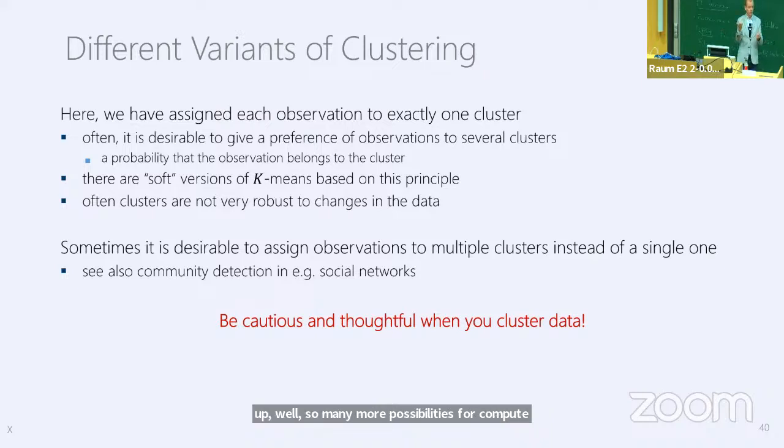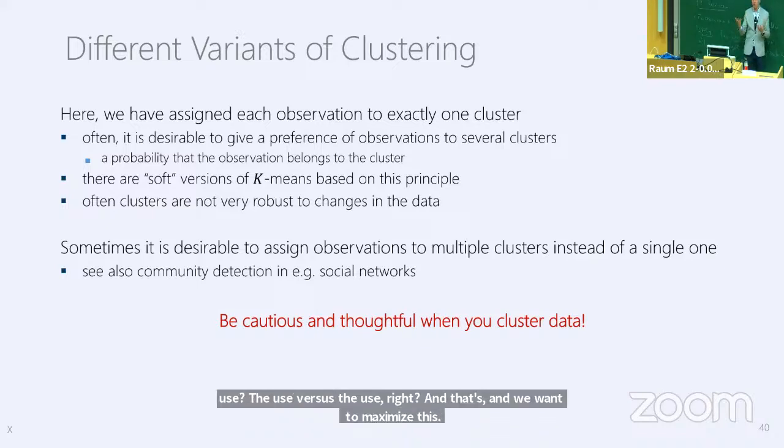I mean that literally: we can now try to maximize the likelihood of the data under the cluster assignment. So what is the probability of the cluster generating the use versus the use, right? And we want to maximize this. That's a very probabilistic notion.